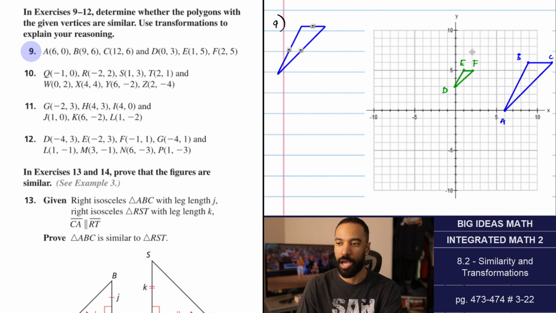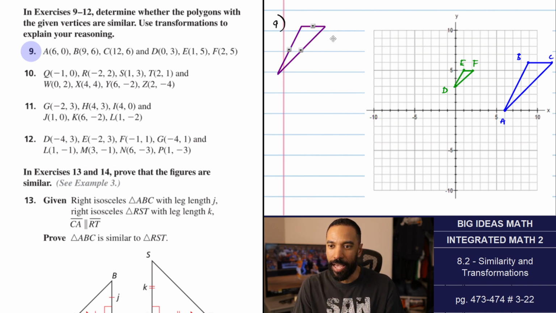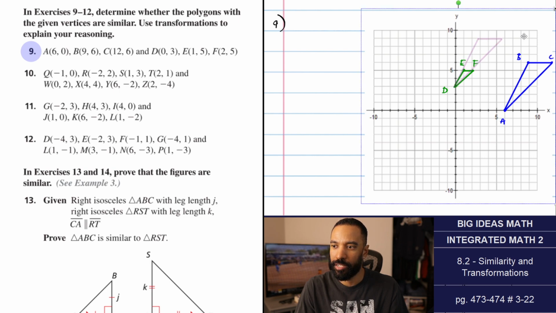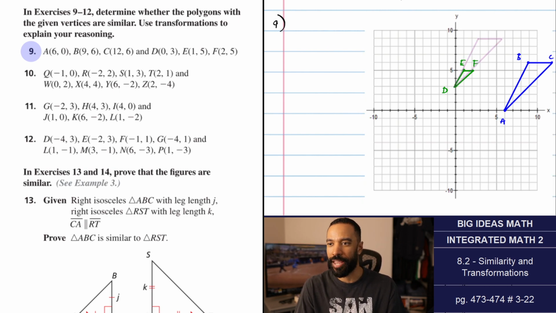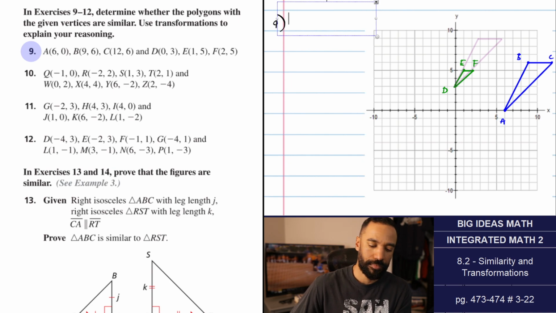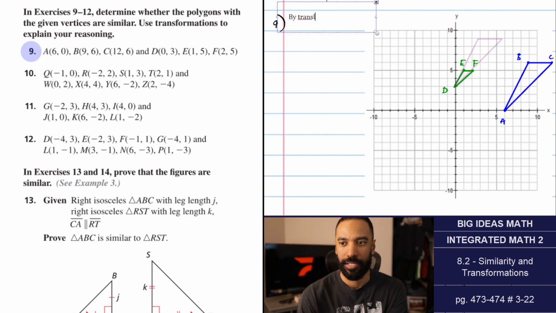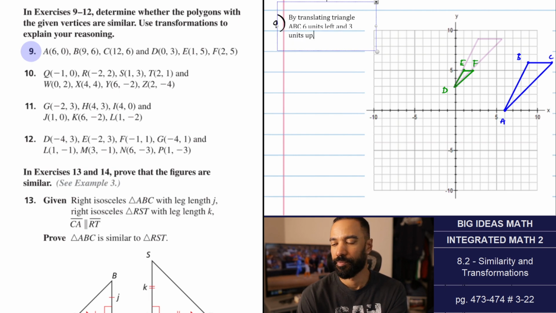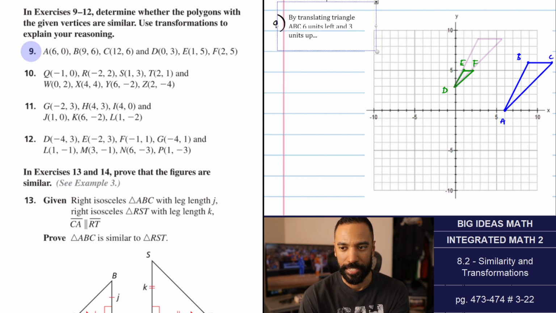So let me just imagine I copy paste and change it to a different color here. Maybe make it a little invisible. All right, so look at where those are now. By translating triangle ABC 6 units left and 3 units up, and then dot, dot, dot.